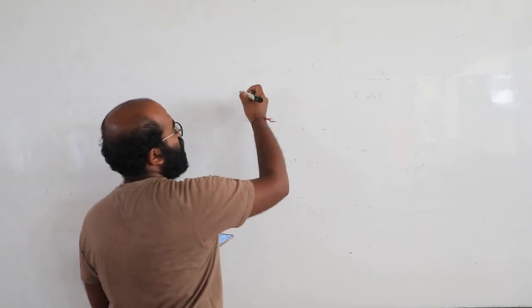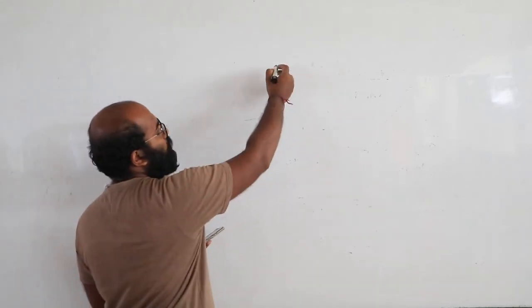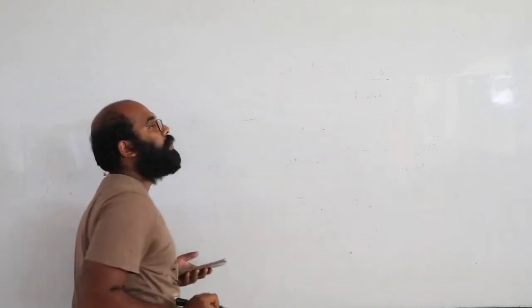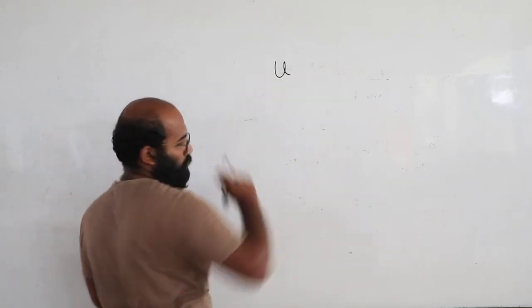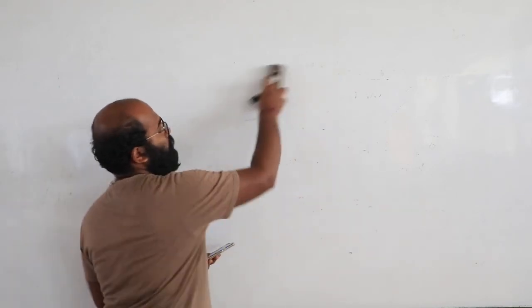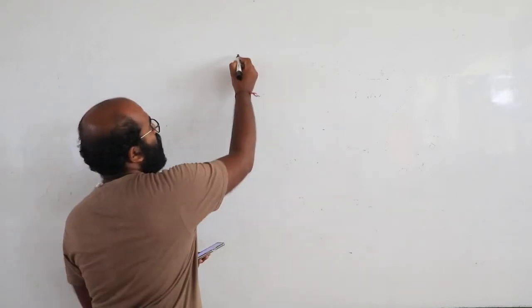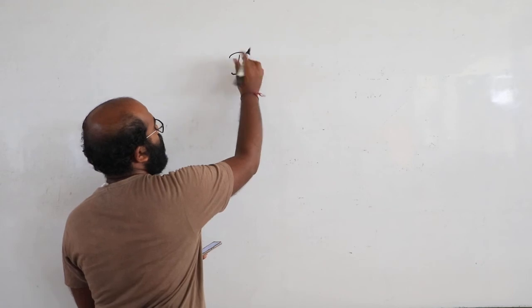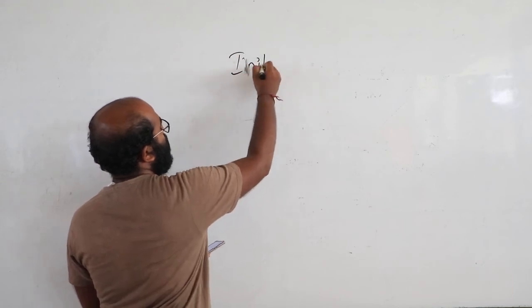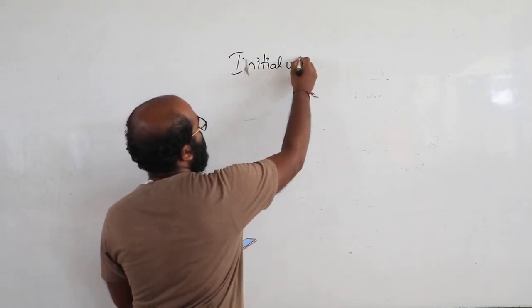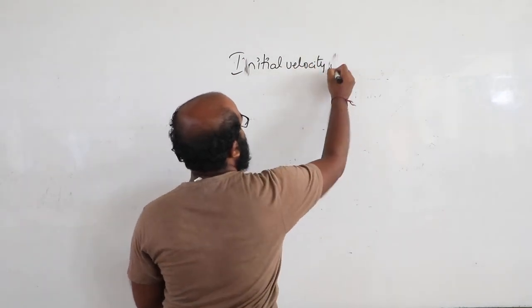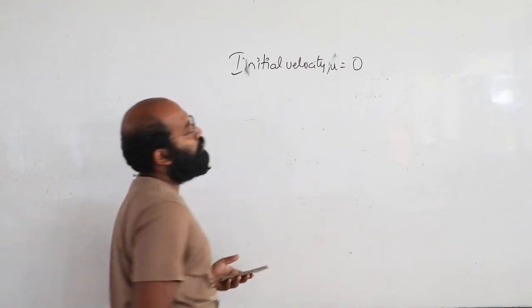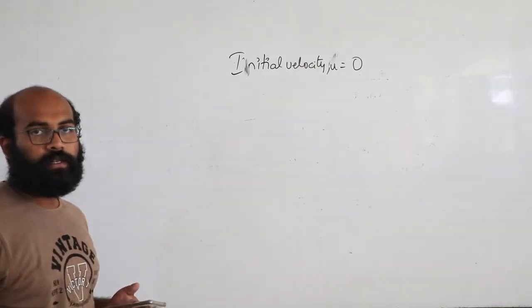So initial velocity, I'll just write the representation we use. Initial velocity u, that is 0, since it is starting from rest.